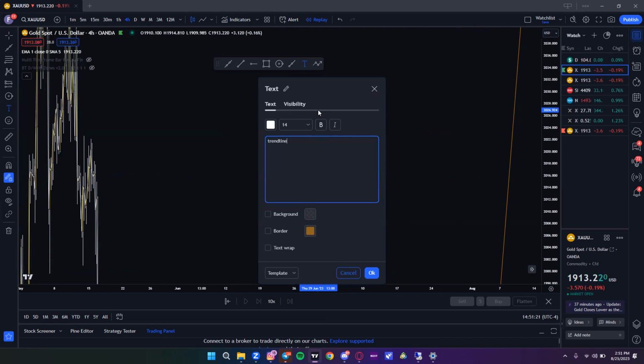Trend lines, H1 and below, spacing needs to be equal, or very close to equal, nearly perfect.